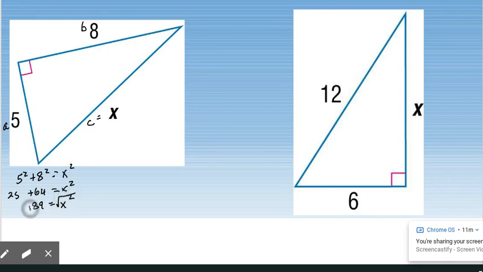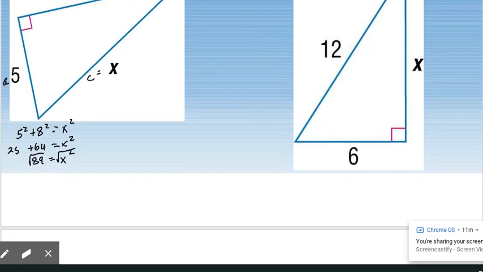Square root both sides. So 2 answers would be accepted here. I would accept the answer of the square root of 89. Okay. I would also accept the approximation, which I'm using. I would typically use this one, 9.43. It's approximately x.